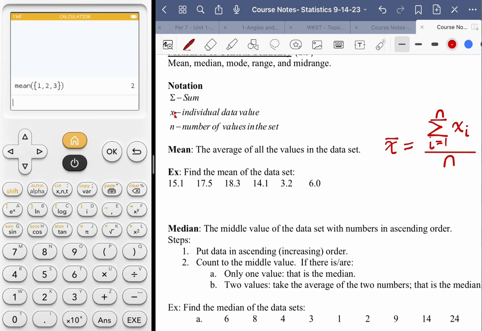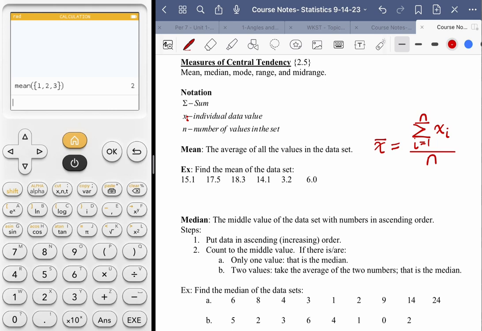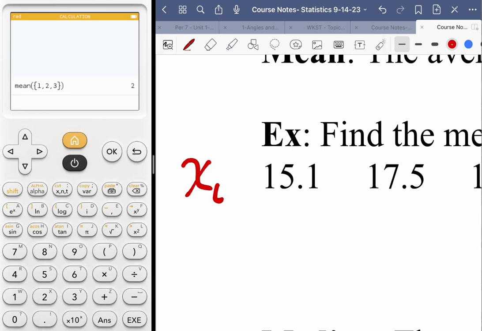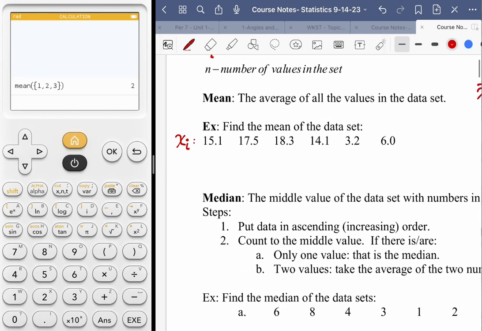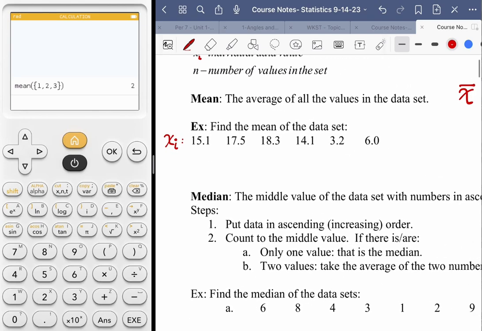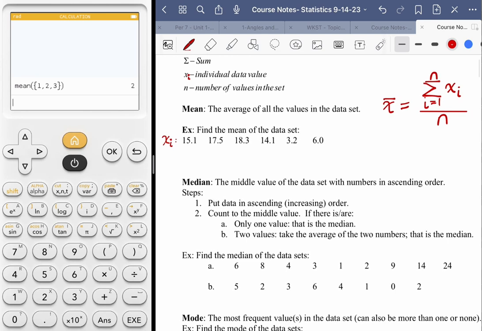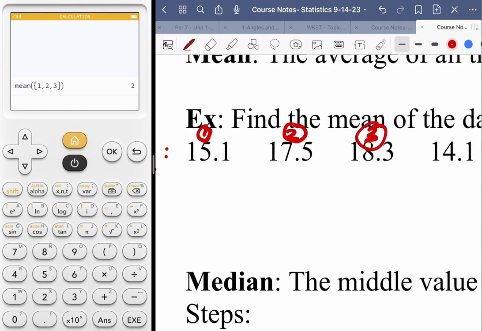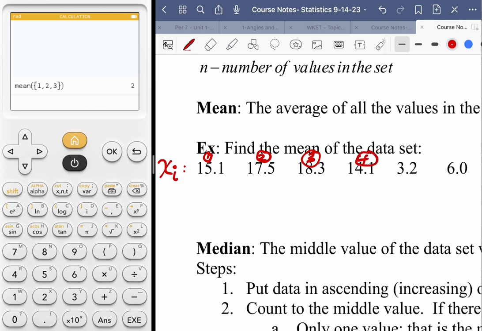So this list of data in that first example, I'm going to bring it in again. That's my x sub i list. It's the list of all the x values. The subscript corresponds with the position within the list. So this is my first value, my second, third, fourth, fifth, sixth.